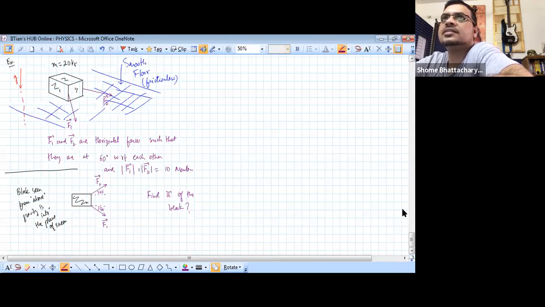So basically, this is nothing but vector summation. What do we have to do in this? We have to just do the vector summation correctly.